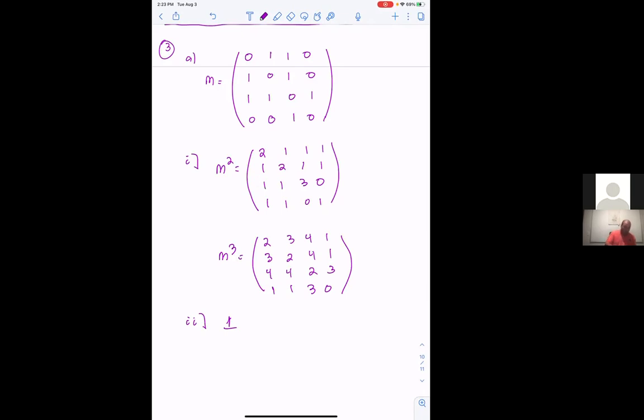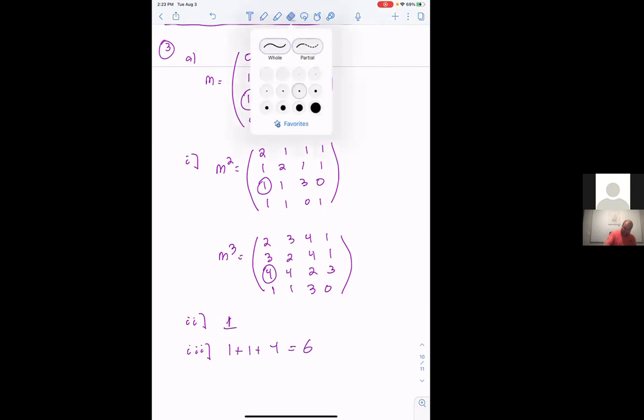Part 3: find the number of walks of length 3 or less between C and A. Well, I have 1 of length 1, 1 of length 2, and 4 of length 3. So that gives me a total of 6 walks of length 3 or less between C and A.